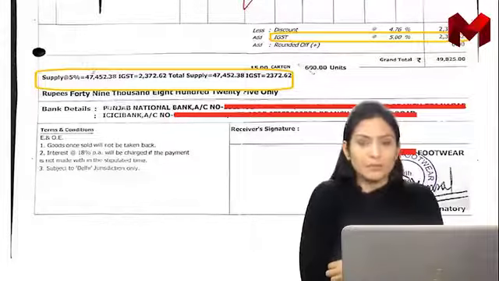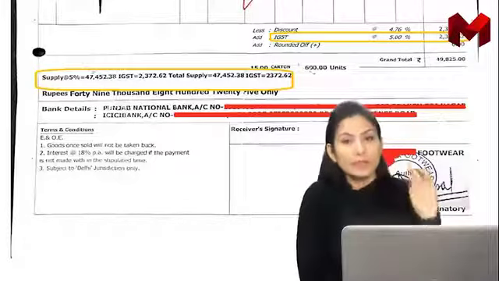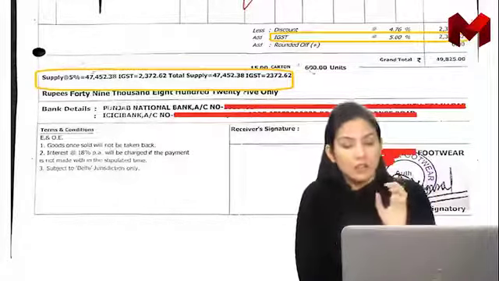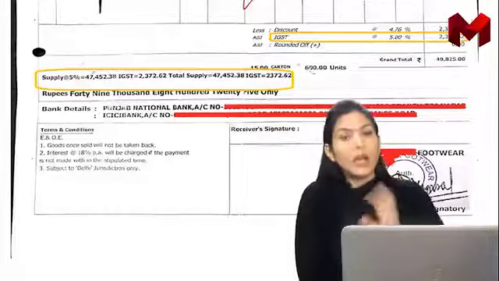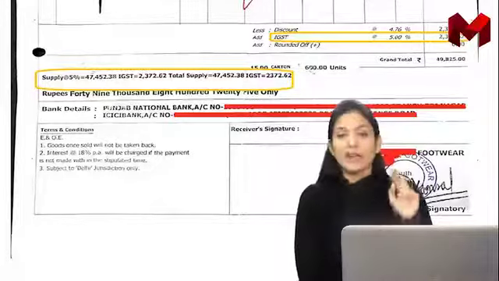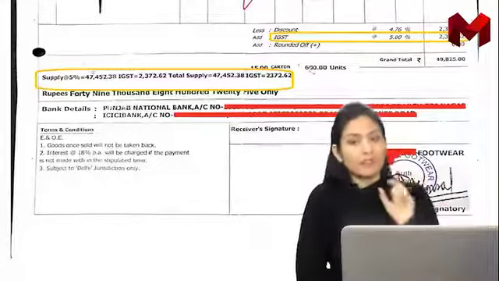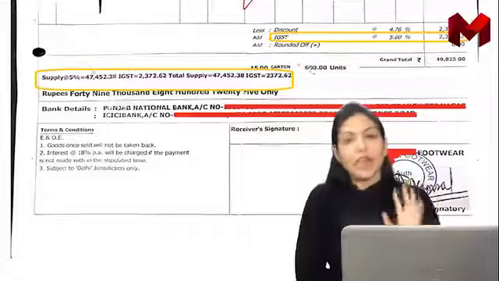In case of an intra-state transaction, that means both the supplier as well as the consumer are from the same state, then CGST and SGST half. And if both are from different states, like in this case, then the complete 5% rate is under the IGST column.